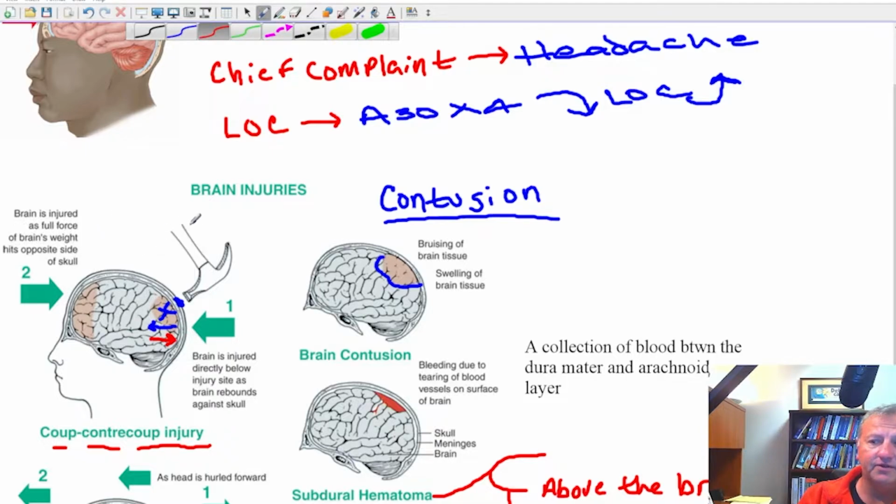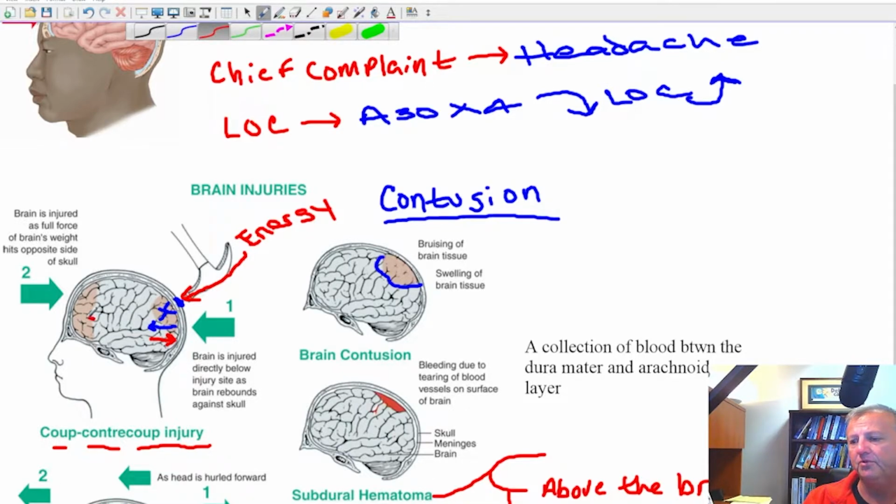Here we have the brain injured by the full force of the brain's weight on the opposite side of the skull. I'm sure you all would agree with me that this is energy. And this energy is traveling through and pushing that brain forward right here. What is the brain doing? It's bouncing, right?